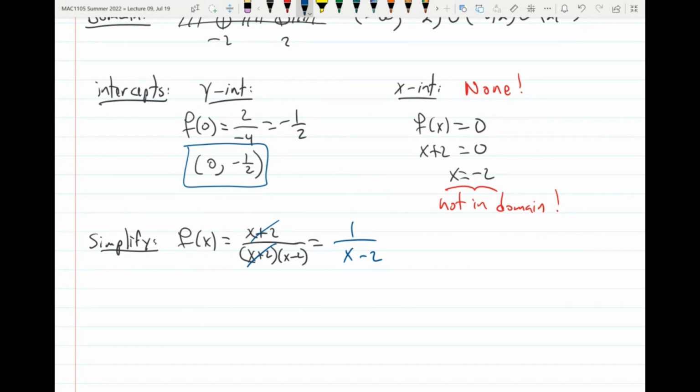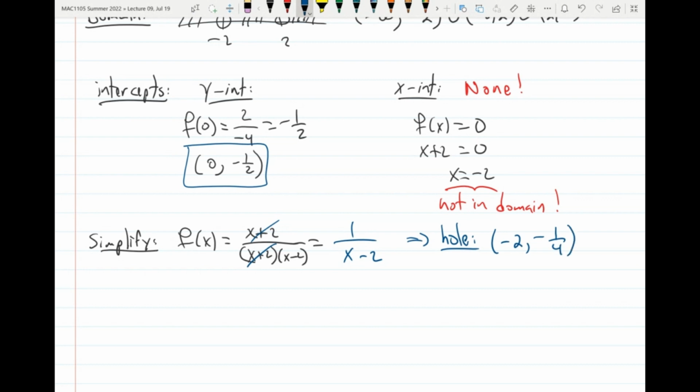Okay? So, but essentially, the graph of our function is just like this guy. So right here, we can immediately say, okay, I notice that it's going to be a hole, and the hole is going to be at (-2, what's the y value for the hole?) How do you find the y value of the hole? -1/4.